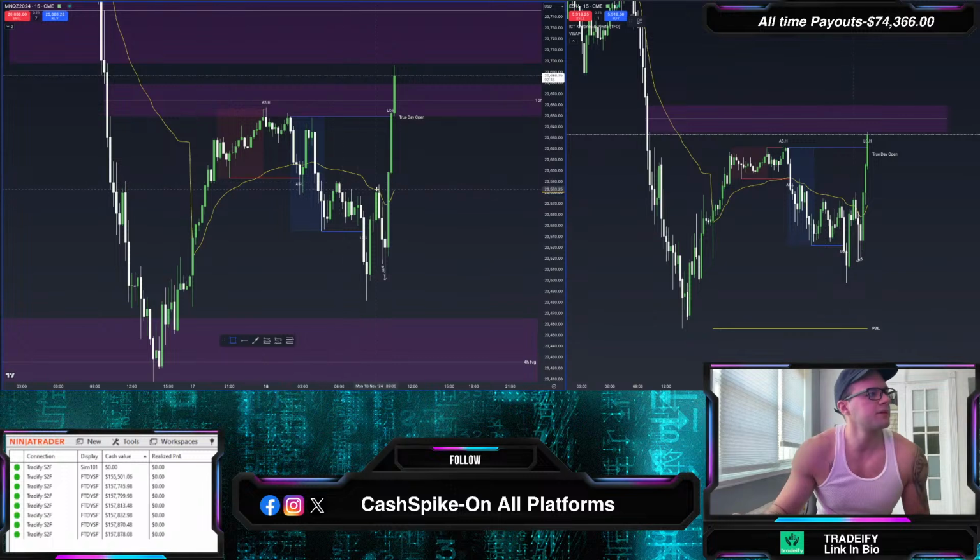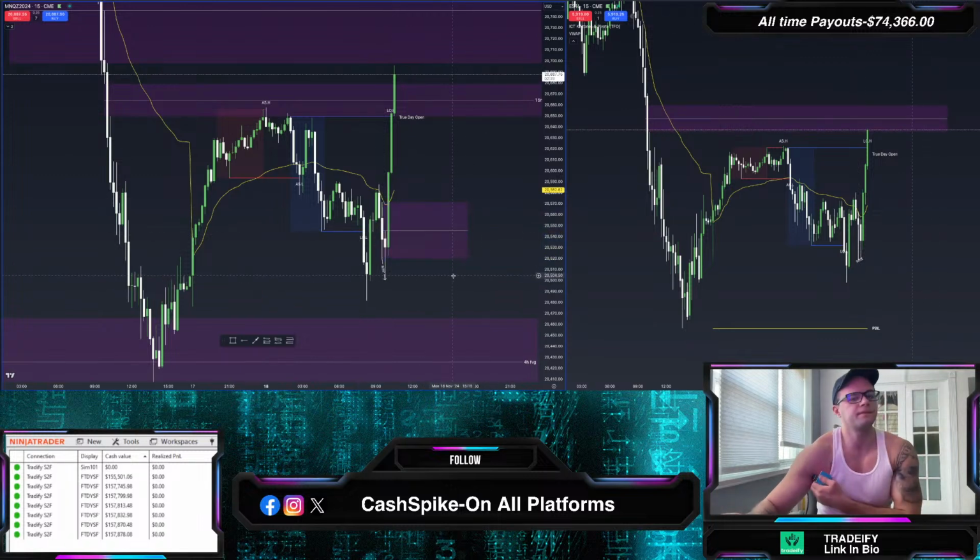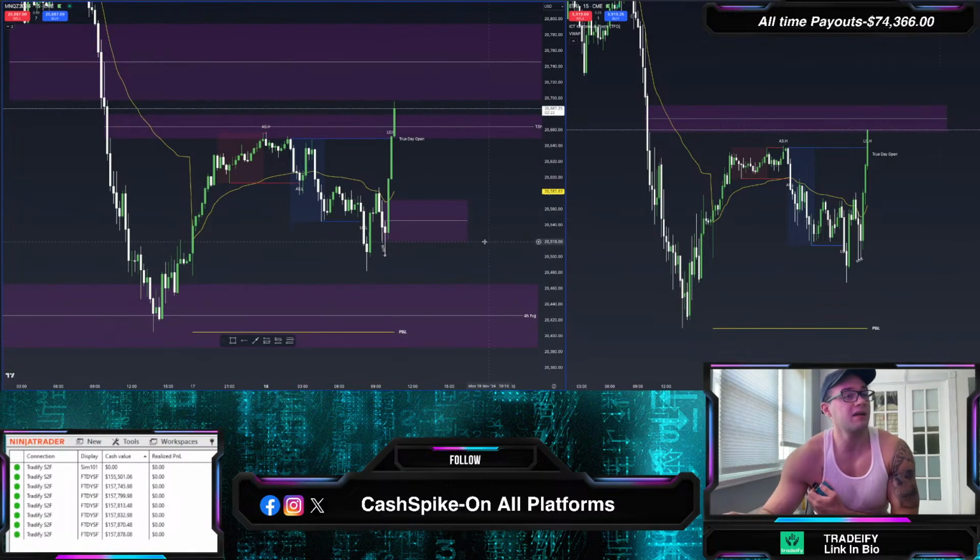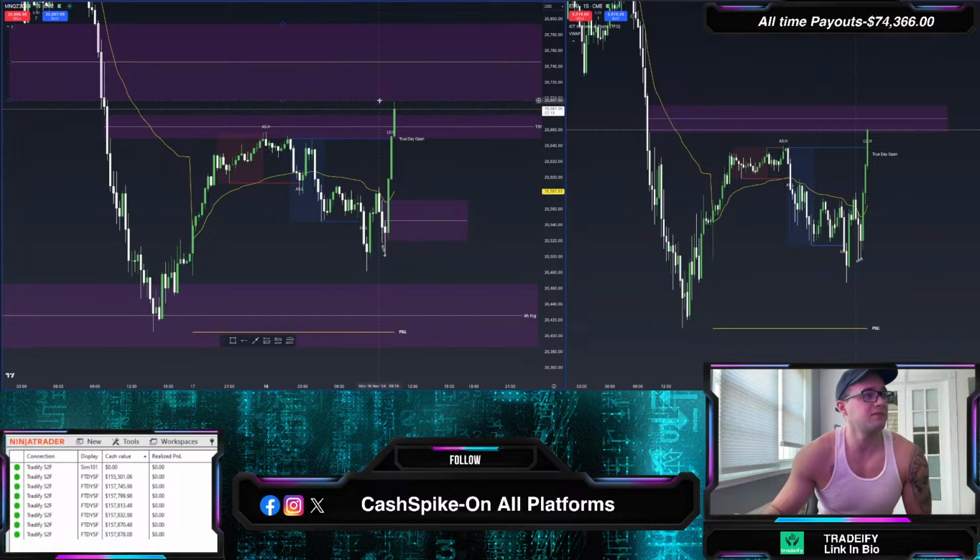Yeah, price open. The 15-minute opening range is here. That candle here is the 15-minute opening range. I think it's either gonna reject here and start going down, or it's just gonna rip through and continue going up.